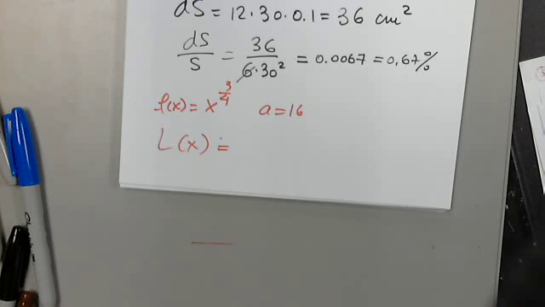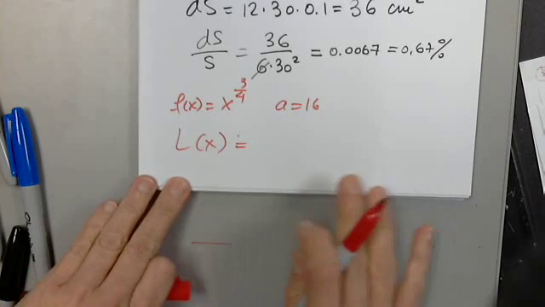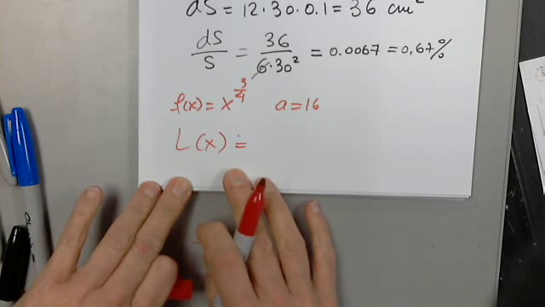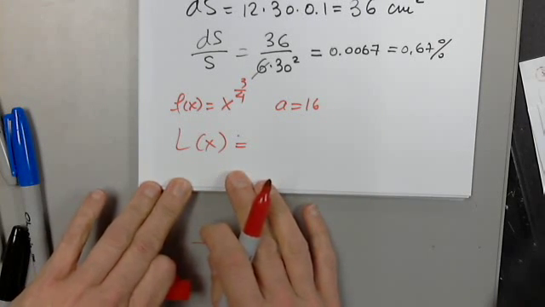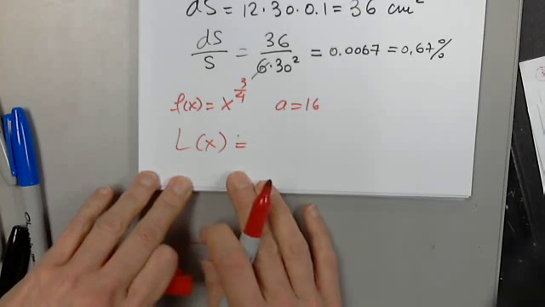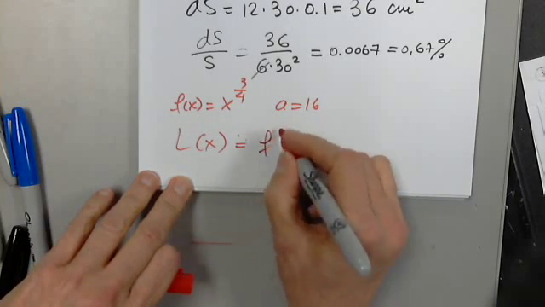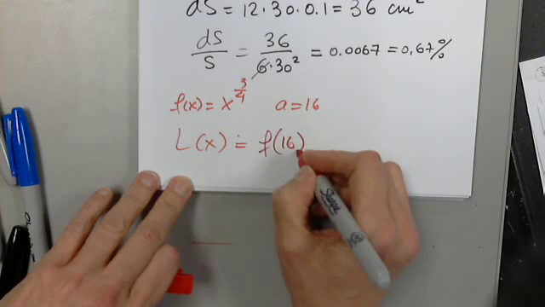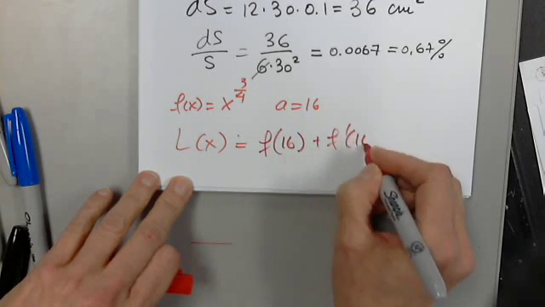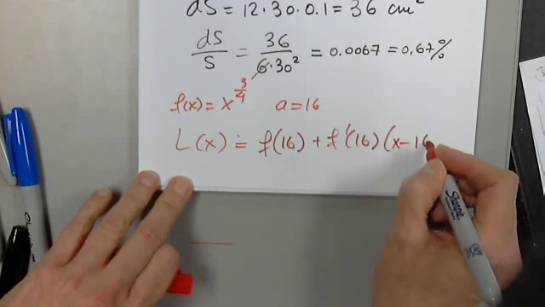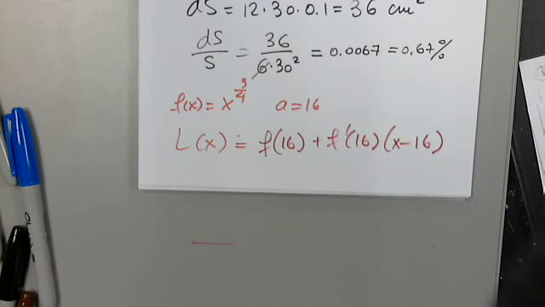Now, if you remember that important result that we just talked about, you should have no difficulties with the linear function that approximates the function anywhere, because it's the same thing. But this time it is f of 16 plus f prime of 16 times x minus 16, which is the same thing.